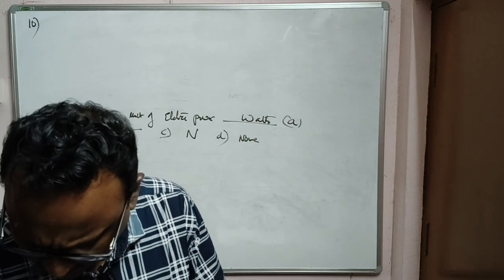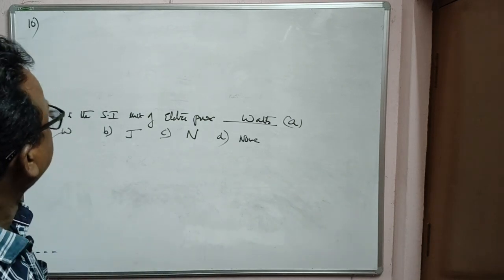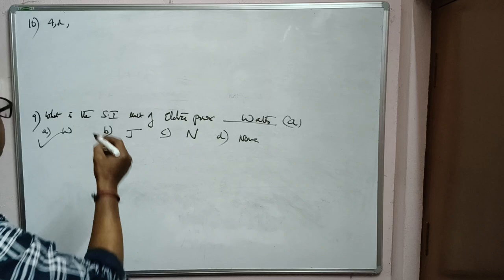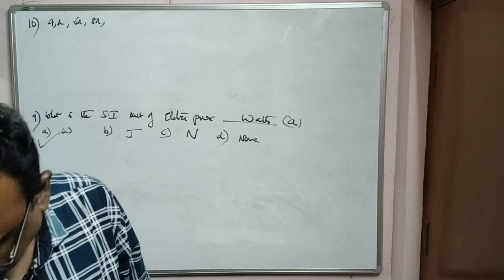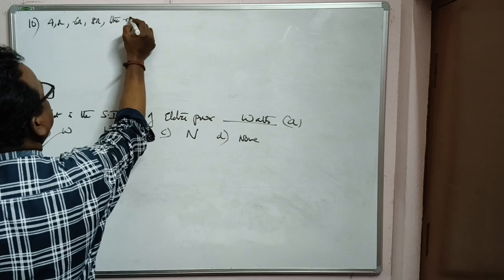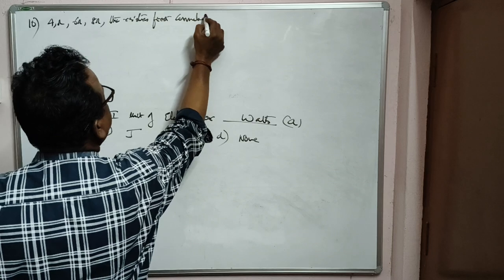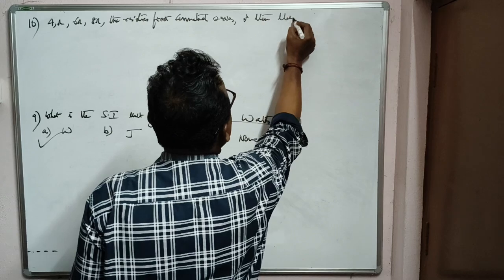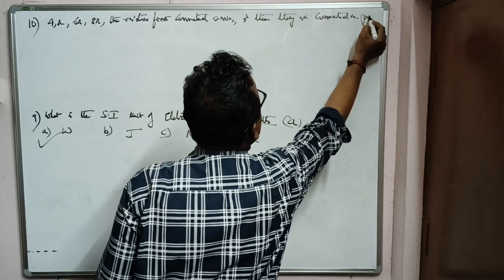10th question. 10th one. See, it's a little lengthy problem but still write down. 4 ohms, comma, 6 ohms, comma, 8 ohms. 3 resistors are first connected in series and then they are connected in parallel.